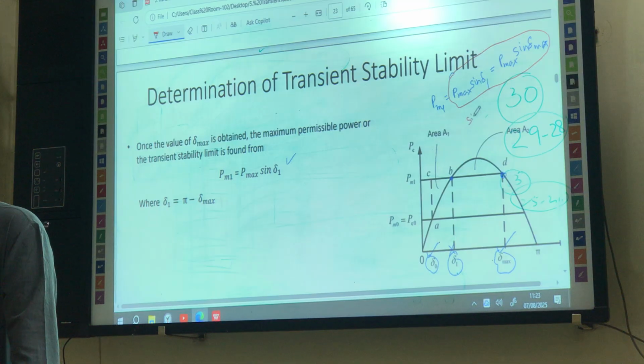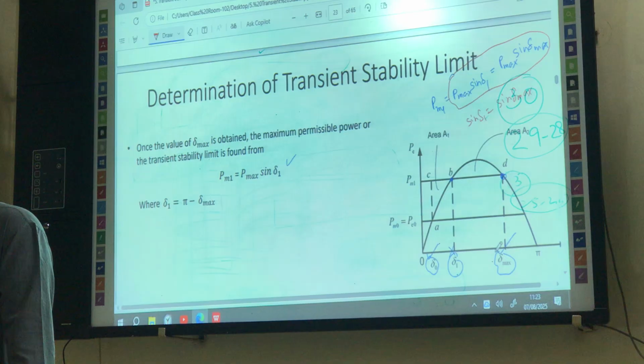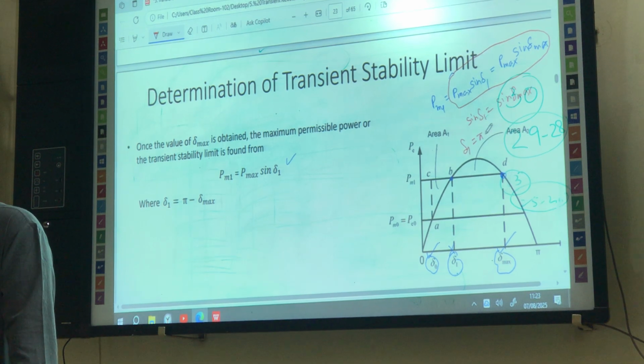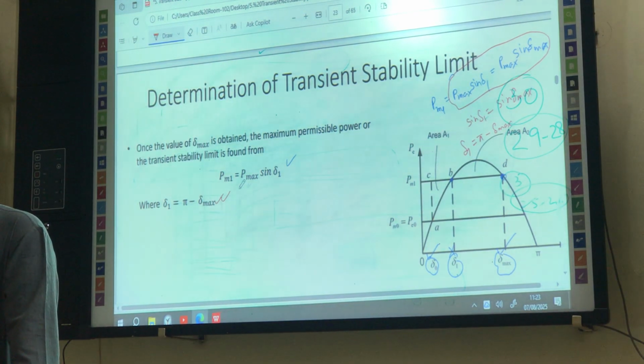It will be sine delta 1 equal to sine delta max, and you know the range. These two values are within 0 to pi by 2. So what will be your delta 1? It should be the complement of 180 of delta max. It should be pi minus delta max. Have you understood this thing? That means, let's say if this is 20 degree, it should be 160 degree.